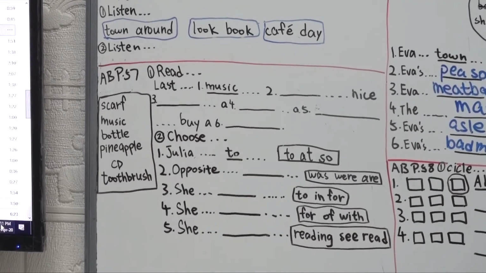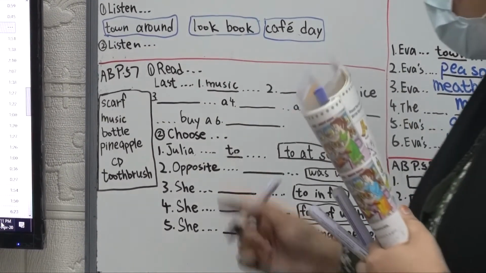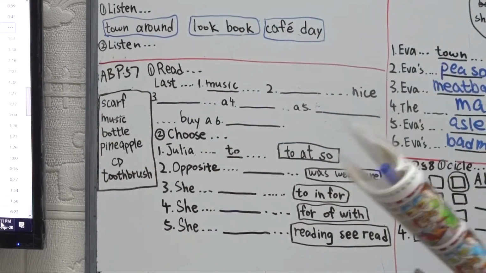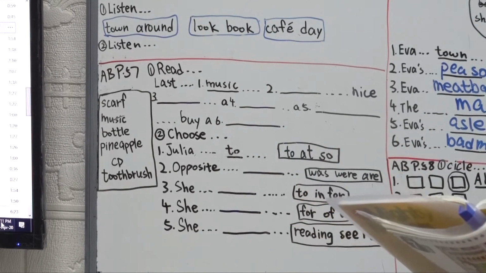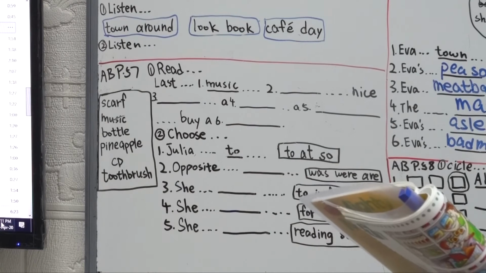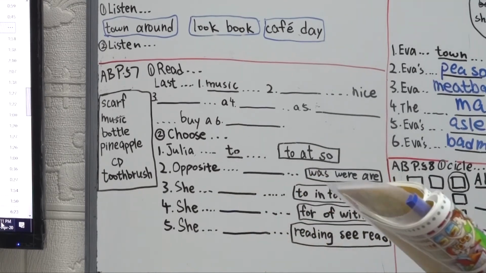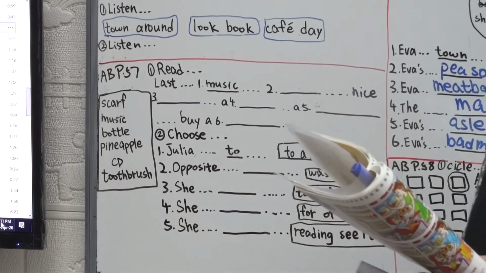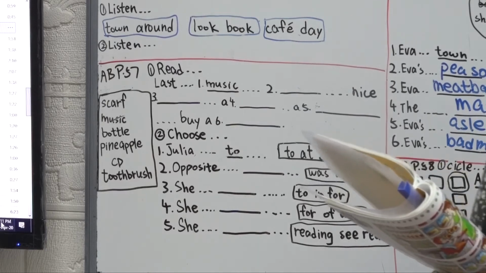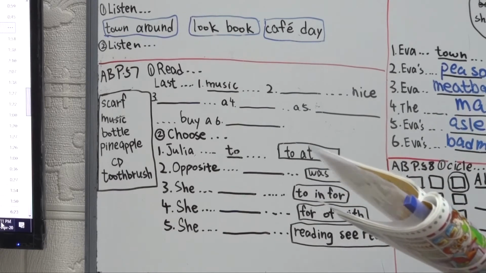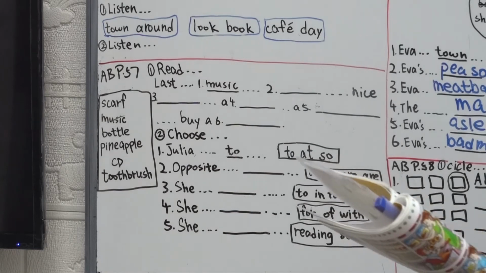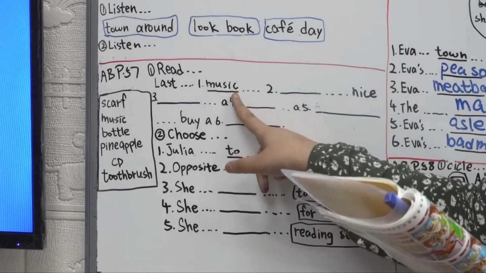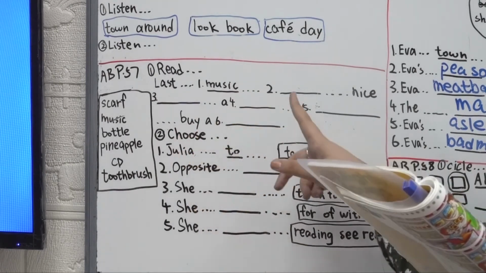All you have to do is choose and write. So music has been done for you. So basically this is a story about the one we listened to last time. Yes, about Julia, remember? So let's read. Last weekend, Julia went to town to buy a toothbrush. In the big supermarket, she heard her favorite music. So that has been done for you.